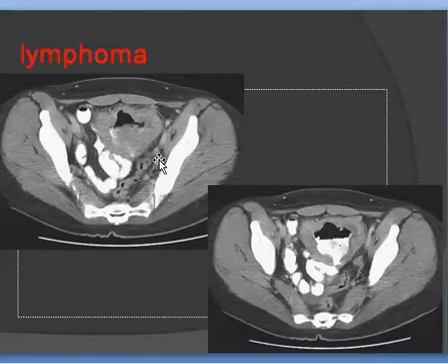Typical lymphoma with a large extraluminal exophytic component with ulceration inside and excavation, presenting as aneurysmal dilatation of the small intestinal loops.